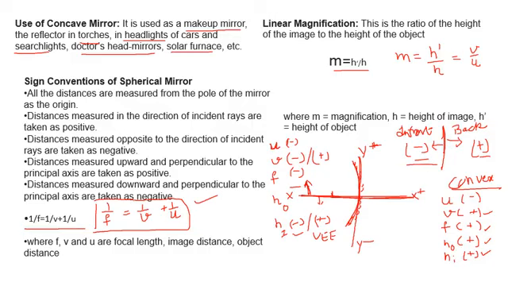Here we can write minus v upon u. It is minus v upon u in case of a mirror. Here h dash stands for the height of an image, and h stands for the height of an object.